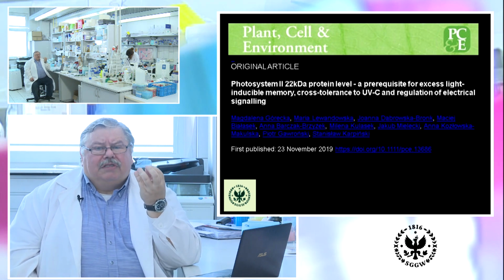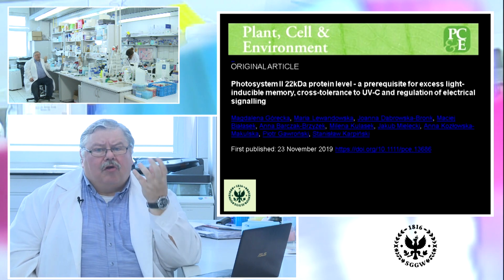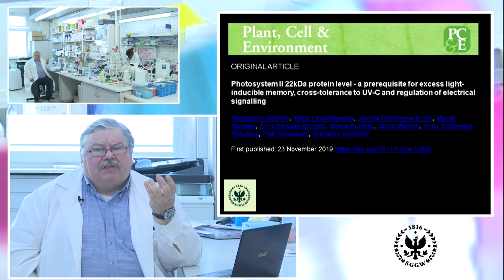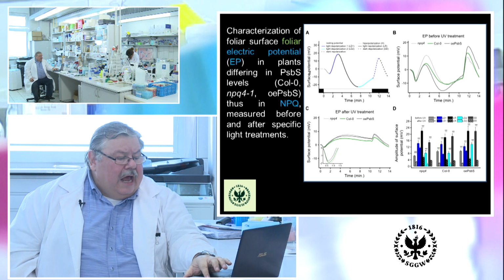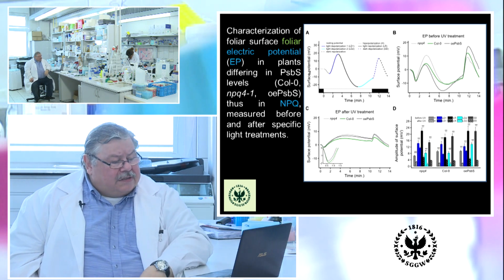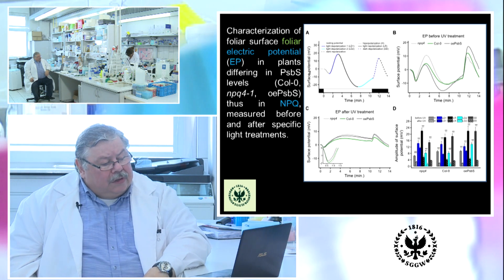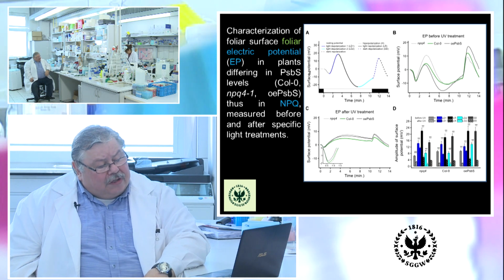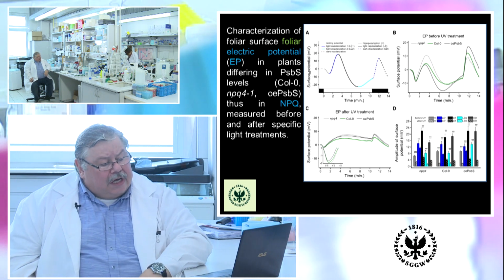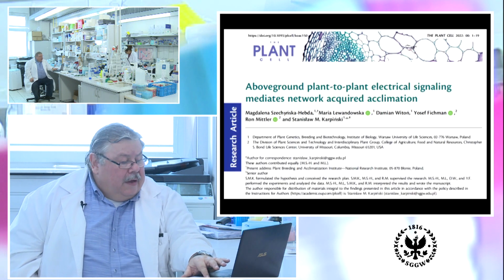It is not only responses to excess light, but it is cross tolerance, a memory of stress, and electrical signaling. In electrical signaling, we can clearly see that the NPQ4 mutant, wild type or overexpressor of PSBS has a very different characteristic of the electrical signaling.